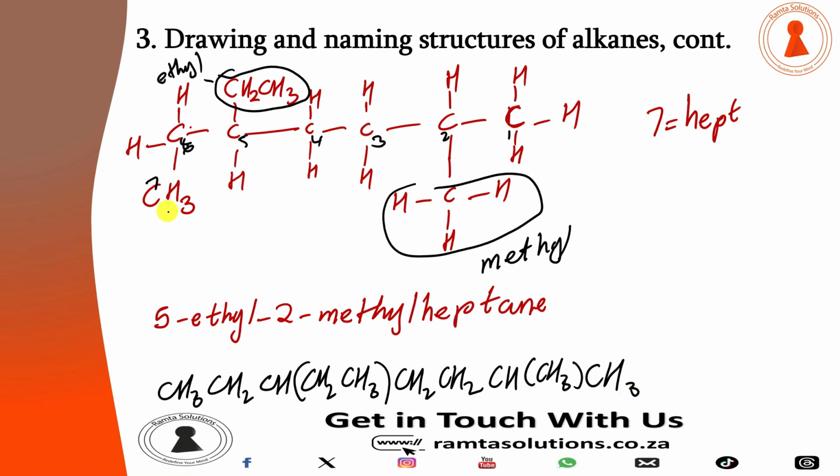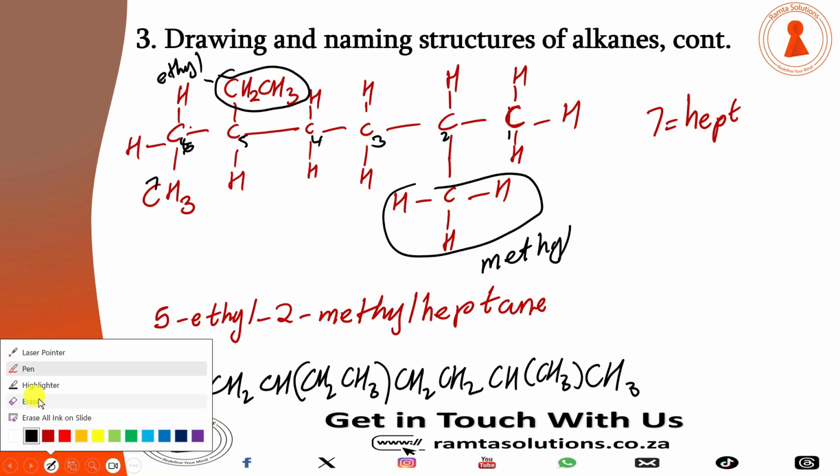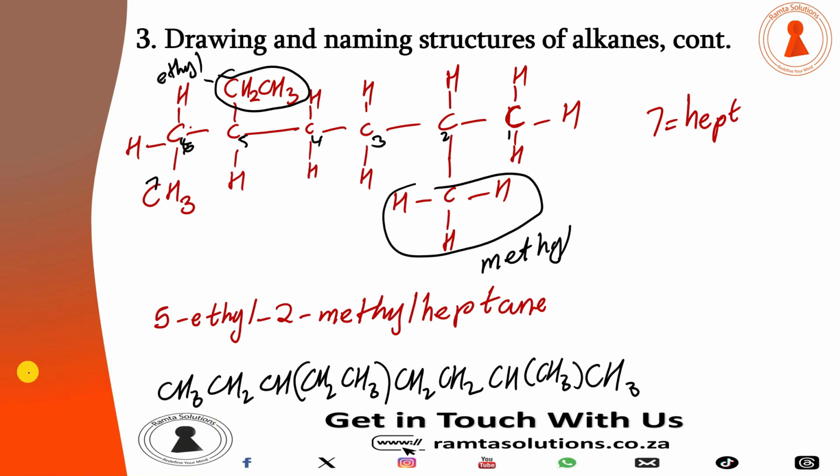Do you guys see this? Even if you would have started here going that way, it was still okay. All right, guys? And this is the name of the structure: 5-ethyl, 2-methyl heptane. I think I should try another one.